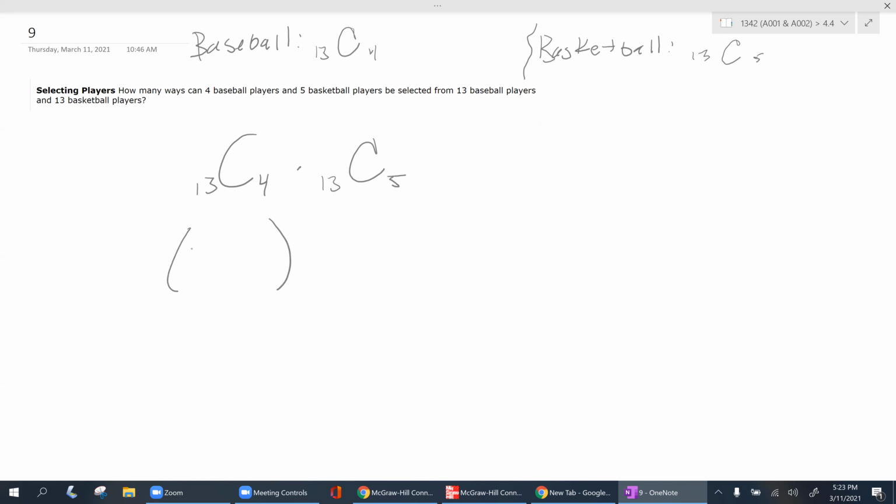For the first one, I got 715. And this last one gives me 1287. When I multiply these together, this gives me 920,205.